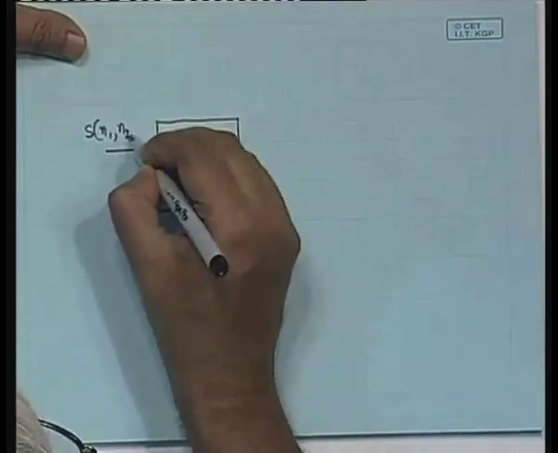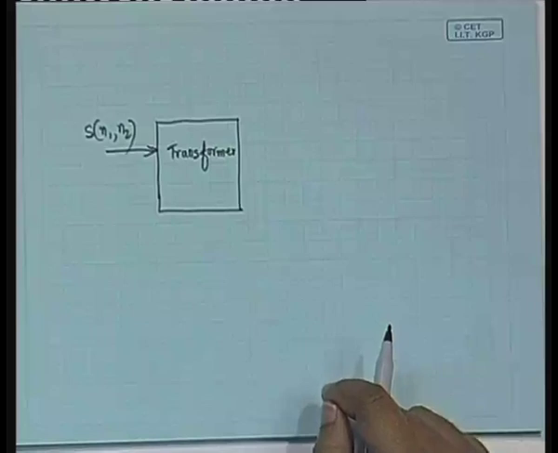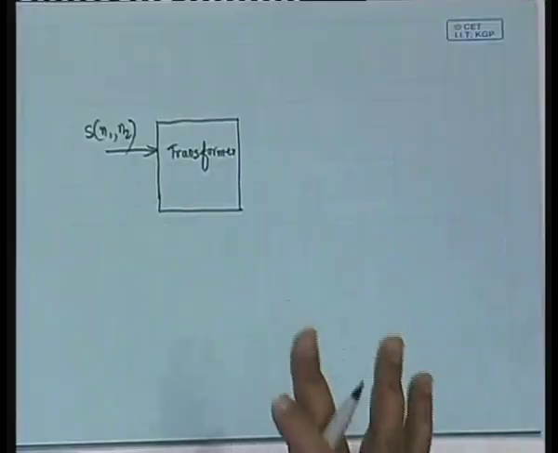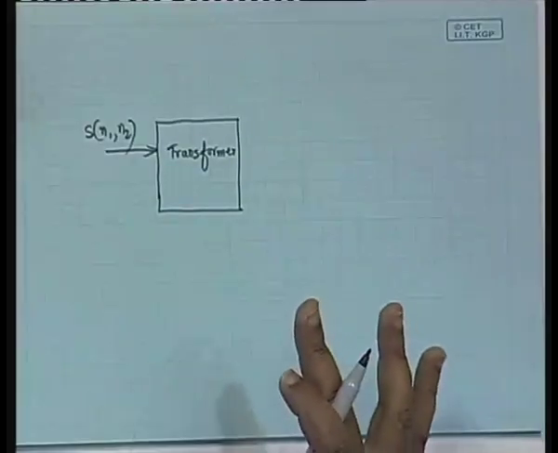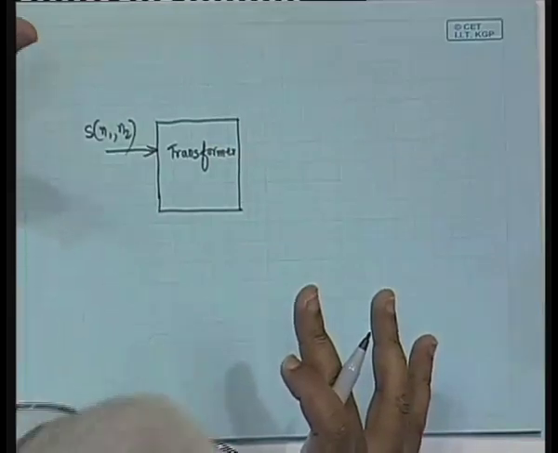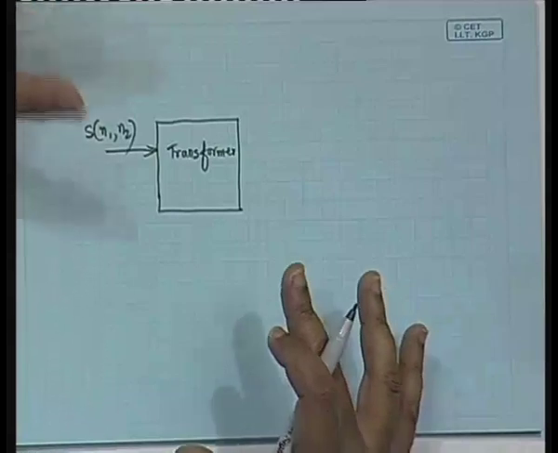So, S(N1, N2) happens to be the input to the system, and this transformer is going to apply some kind of transformation. And what kind of transformation? A transformation that makes the image signal amenable to good compression, right. So, there should be a good amount of compression that we should be able to achieve. So, the transformation should be designed accordingly.